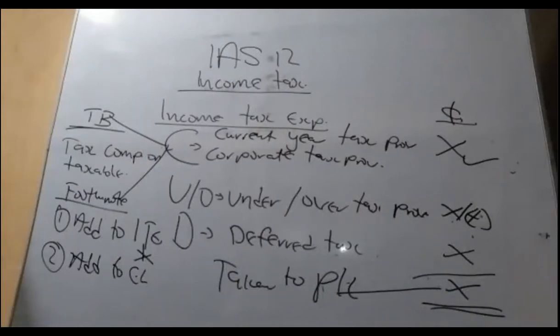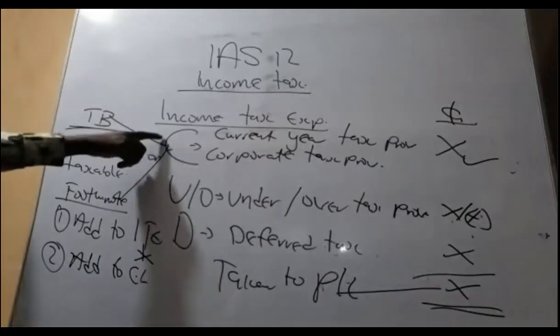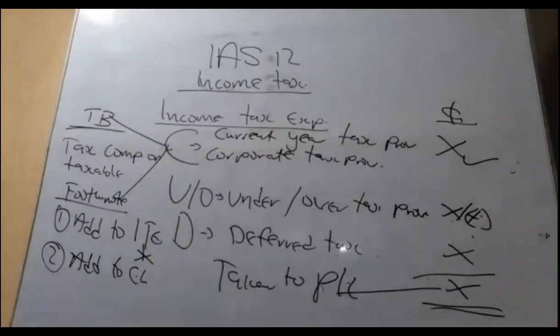So every year we have to do what we call tax reconciliation. That means we have to reconcile the difference between what you provided and what the tax authority agreed on, the final tax liability. Good. So that is it. Because, Fred, you said it's in the trial balance as well.